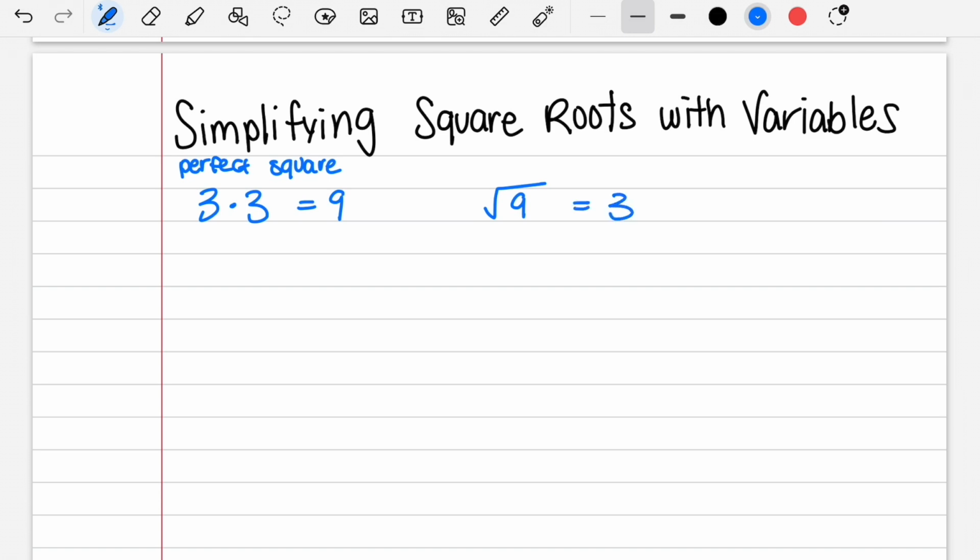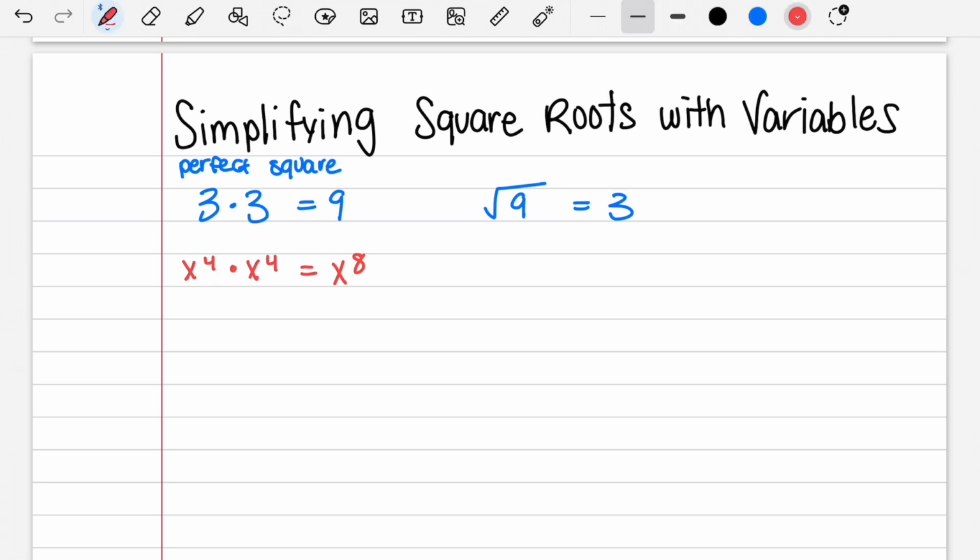We get 3. Now, when it comes to variables, we have to remember our properties of exponents, which makes things a little different. When we're dealing with variables, when we are multiplying them, what we're really doing is we're adding the exponents. So it becomes x to the power of 8 because you're taking 4 and 4 and adding them.